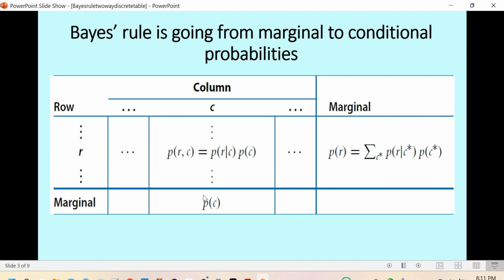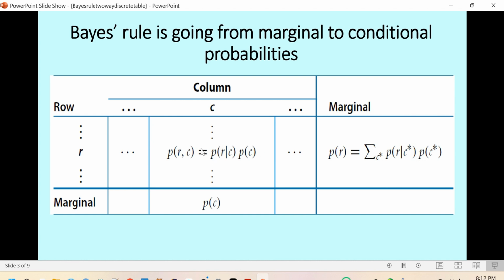So the Bayes formula says that if we have no information about R, we can only know the prior probability. This is the marginal. But if we know the conditional probability, we can get the posterior from this row's information, because this is the denominator of the Bayes formula.